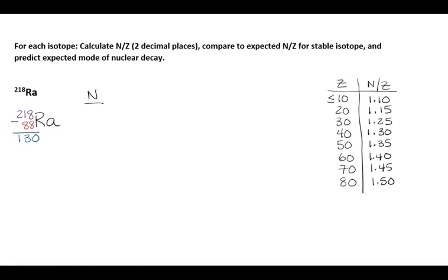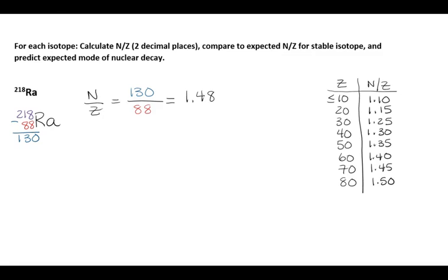Calculating N to Z, we have 130 divided by 88, which gives us 1.48 for our N to Z ratio.